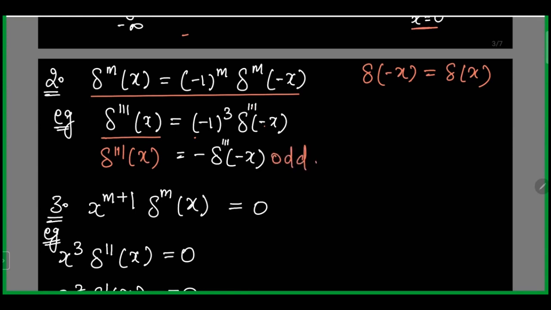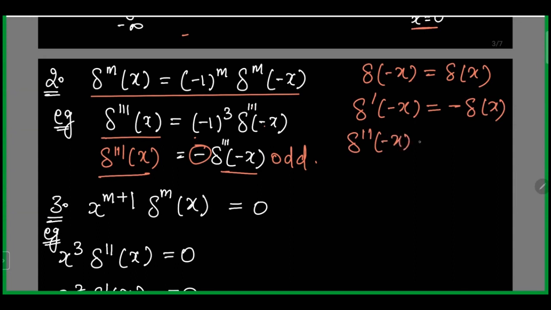Odd means you are not getting the same answer for x and minus x. Instead, you are getting a negative sign with it. So again, I want to repeat. If you get like this, your answer will be minus of delta x. If you have double derivative of your function, then your answer is this.